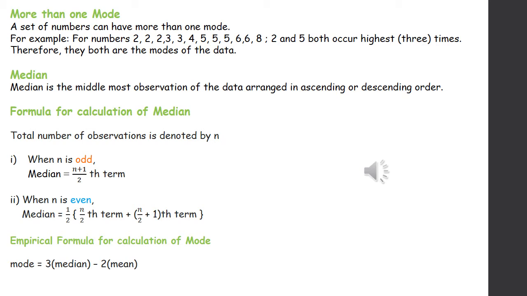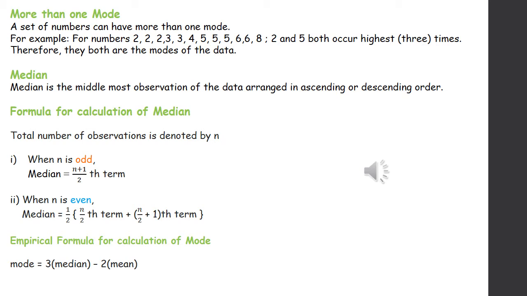What is median? Median is the middlemost observation of the data when it is arranged in ascending or descending order. What are the formulas? If the total number of observations is denoted by small n, and if n is odd, then the formula for finding median is (n plus 1) by 2-th term.